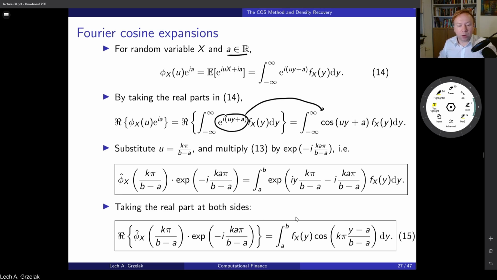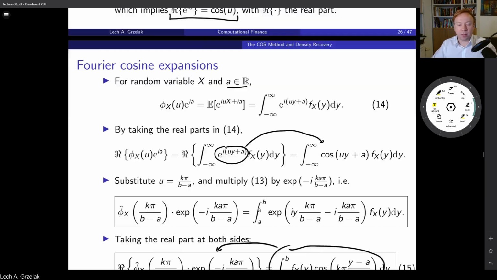However, because we have this relation of the Euler formula, this integral can actually be expressed as the real part of the characteristic function. And this is very beautiful. This means that instead of calculating this integral from a to b of the density times cosine, we can take the real part of the characteristic function scaled with the exponent coefficient.